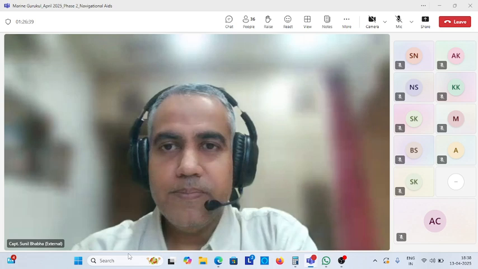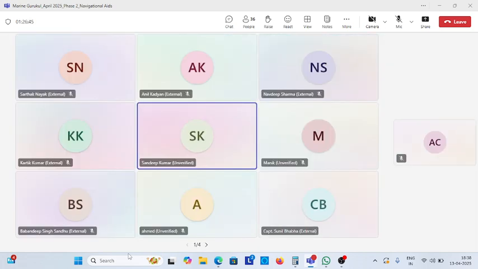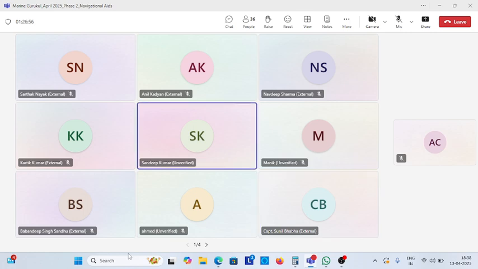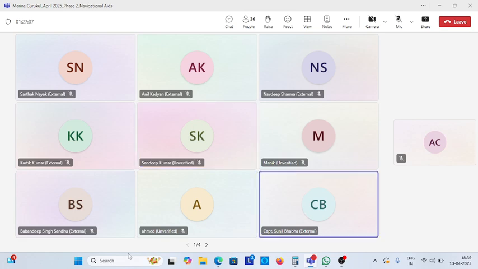Does this light vessels and any floating objects come under traffic, sir? No, this will not be considered traffic, beta. Traffic will be only moving targets. Because in some of the questions they mention a CPA of 2 miles from all the passing traffic. So it means only vessels. If it is a fixed object, then we don't have to worry. Yeah, that's right, beta.